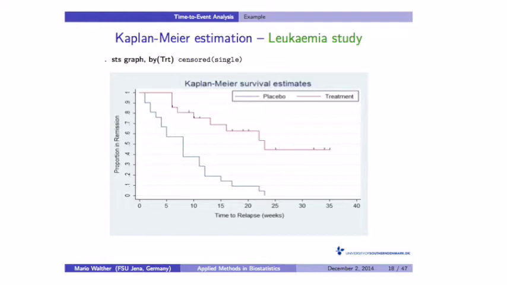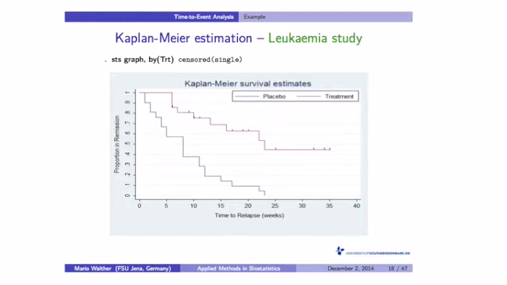What we can see again is that for the placebo group, the Kaplan-Meier plot drops to 0. Why? Every patient in the placebo group relapsed or experienced the event of interest.